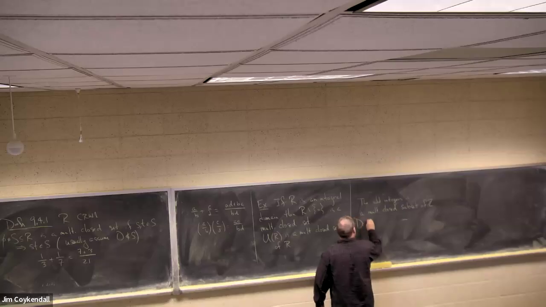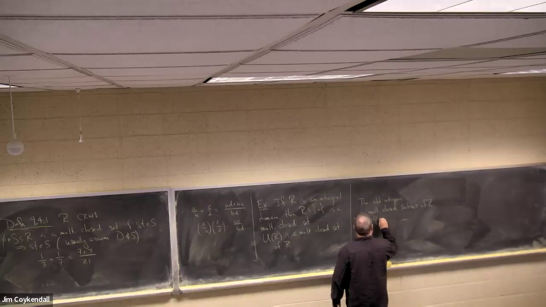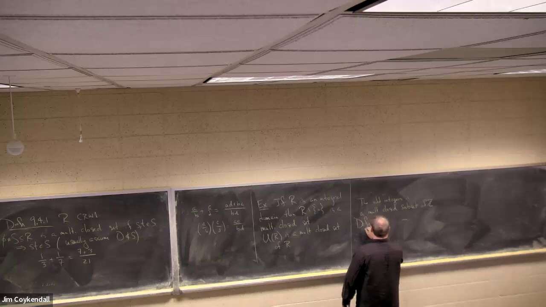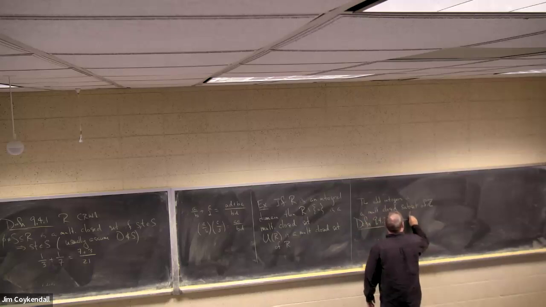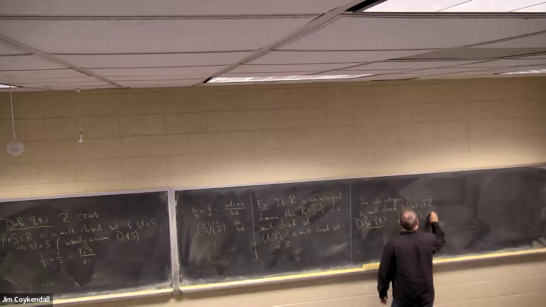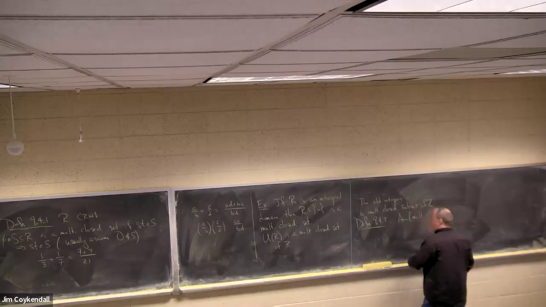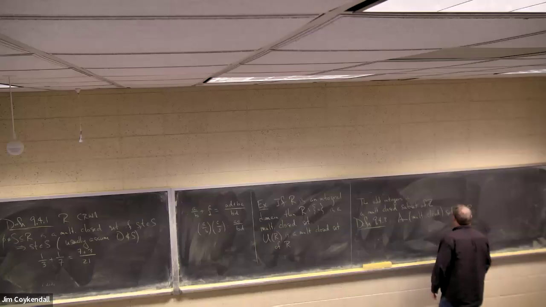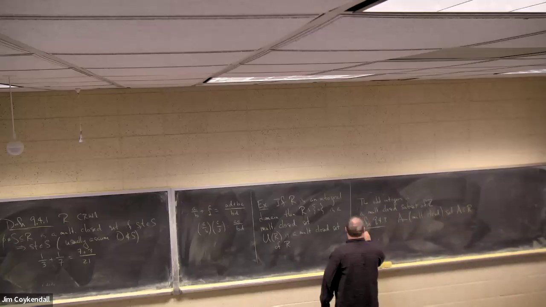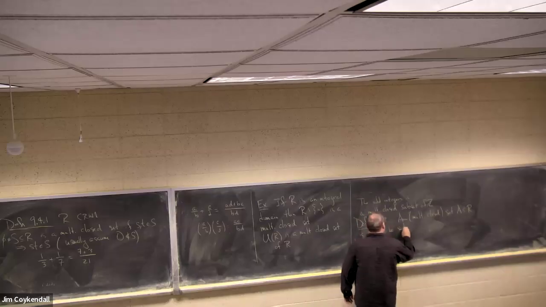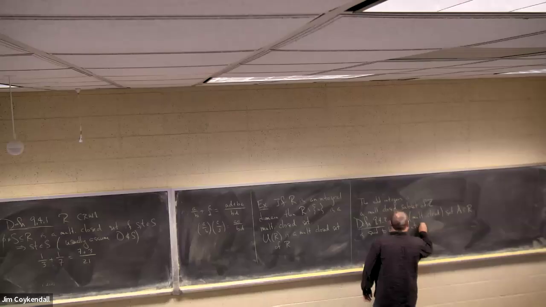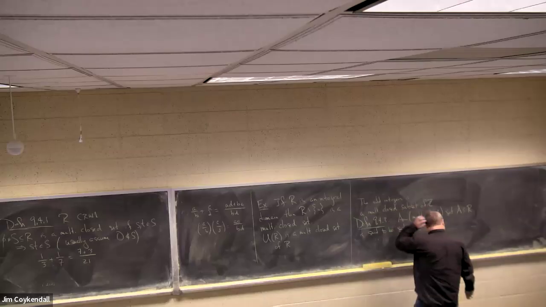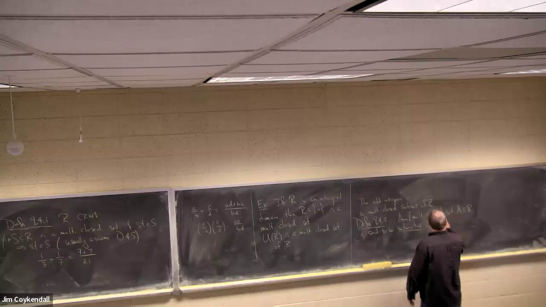Definition. A (multiplicatively closed, and I'll tell you what I mean by putting that in parentheses) set A in R is said to be saturated if it contains all the survivors.